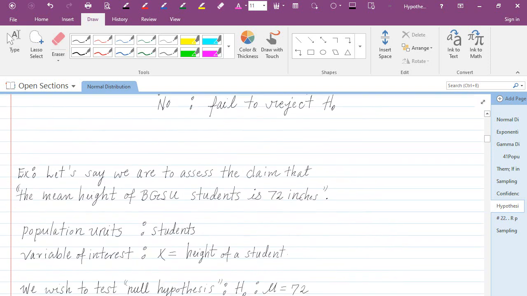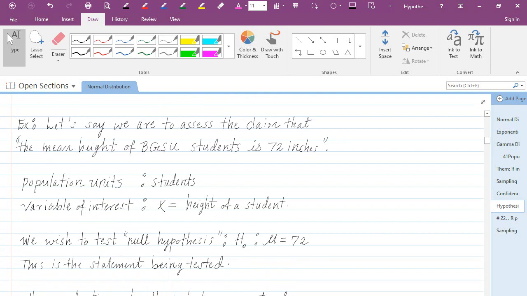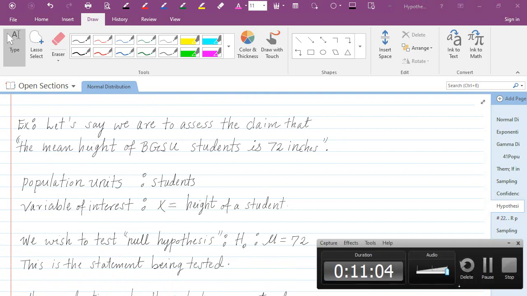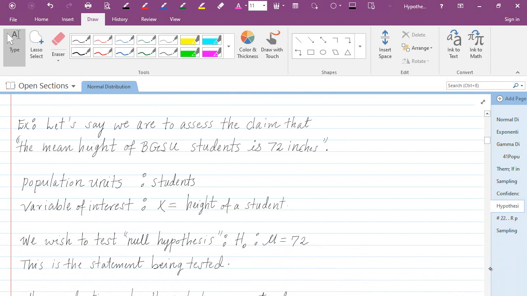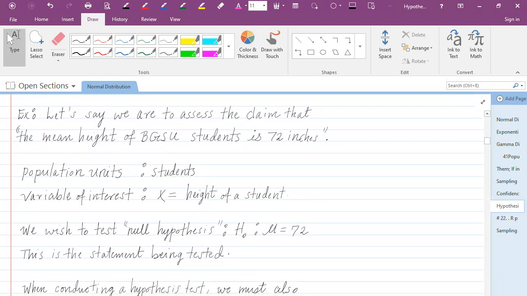Okay, so let's fill in the details now. I'm going to use an example that's going to help us understand the ideas. So let's say that we are to assess the claim that the mean height of BGSU students is 72 inches.